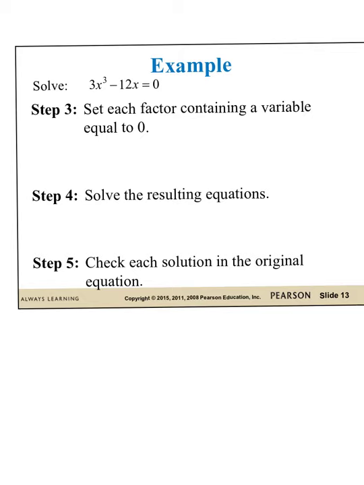And so we'll continue on with our next step. The factored quadratic was 3x times x minus 2 times x plus 2 equals 0, which means that 3x might be 0, which means then that x would be 0.